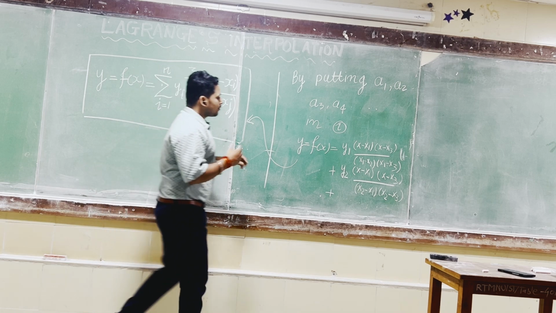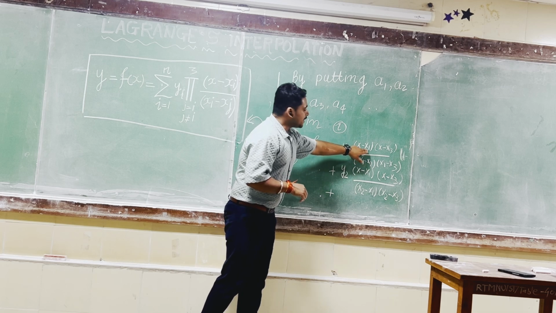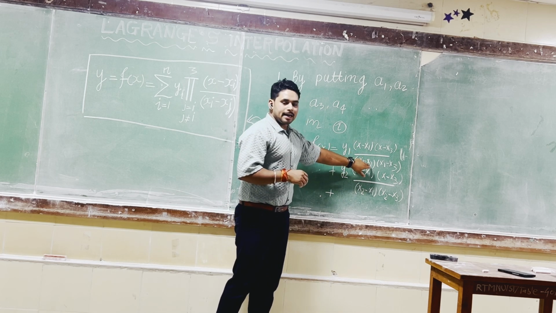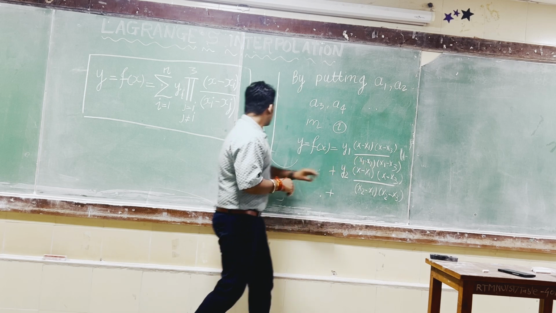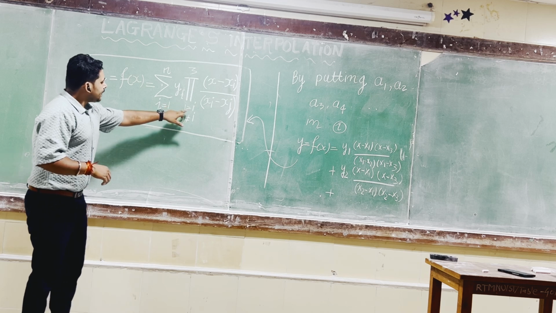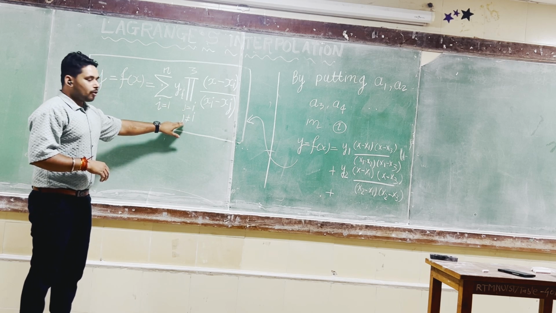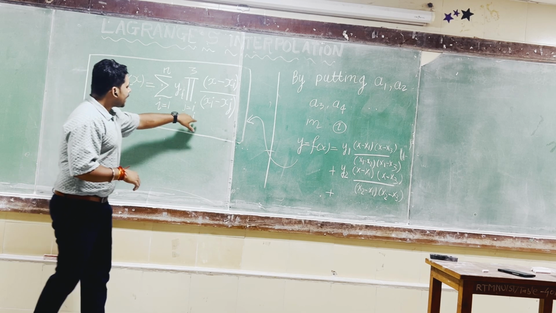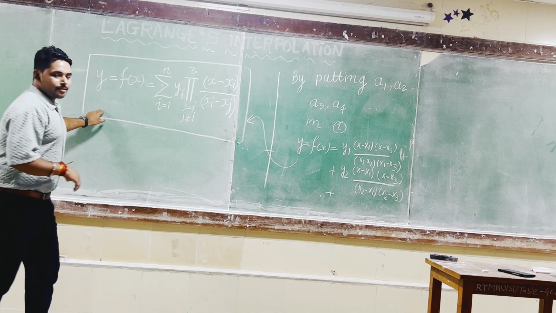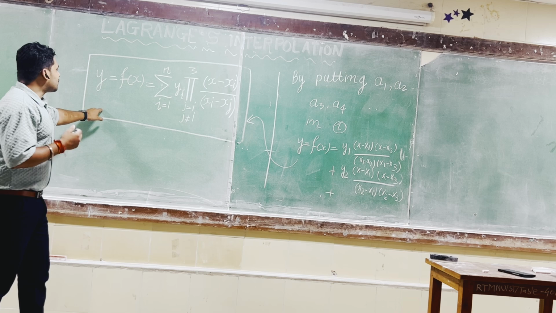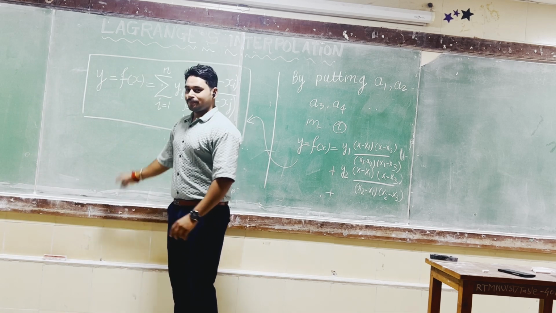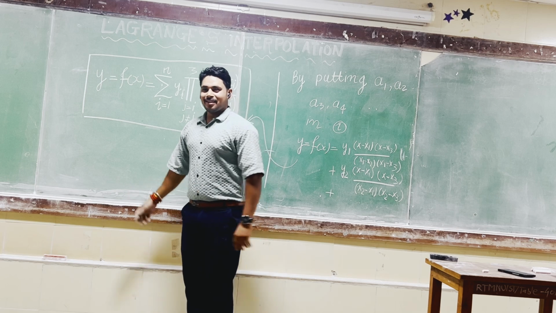If there is an xi, there must not be an xi minus xi term, so we put the condition that j cannot be equal to i. So this is Lagrange's final formula, and we will see an example on this formula by Aditi. Thank you. Please, Aditi.